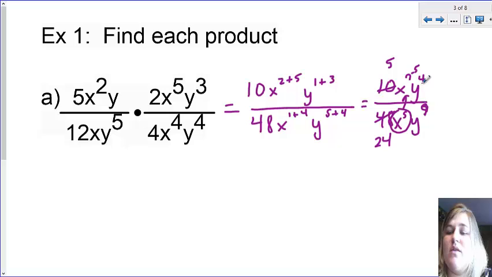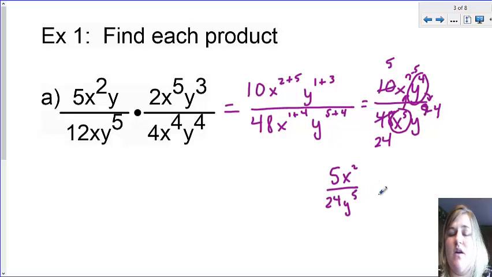I have y to the fourth and y to the ninth. I want to move the y to the fourth because it's the smaller exponent, and I'm going to subtract that 4. So when I completely simplify this, I'm left with 5, x to the seventh minus the fifth, so x to the second, over 24, and on the bottom I had y to the ninth minus the fourth, which is y to the fifth. That is my final answer.